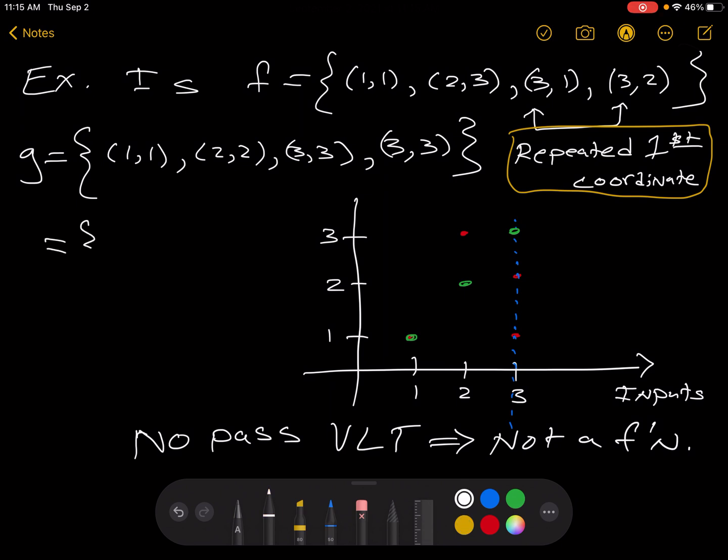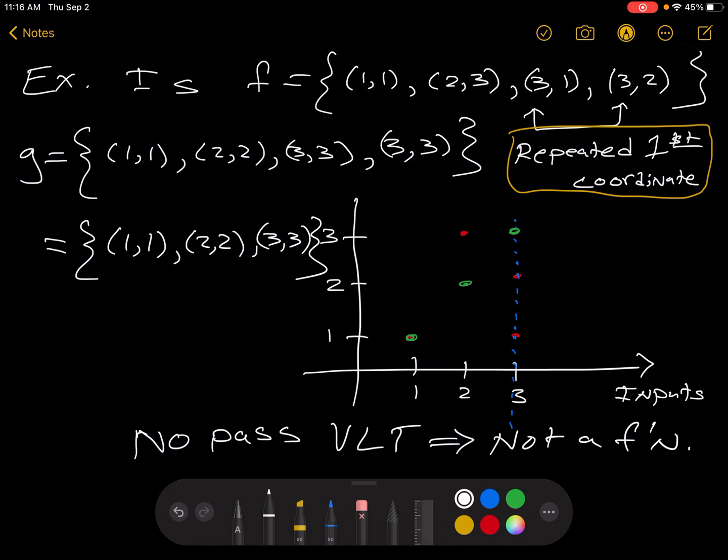So even though we wrote g as 1, 1, 2, 2, 3, 3, 3, 3, really it's 1, 1, 2, 2, 3, 3. And then it does satisfy our criteria of no repeated first coordinates. And so therefore, it is a function.